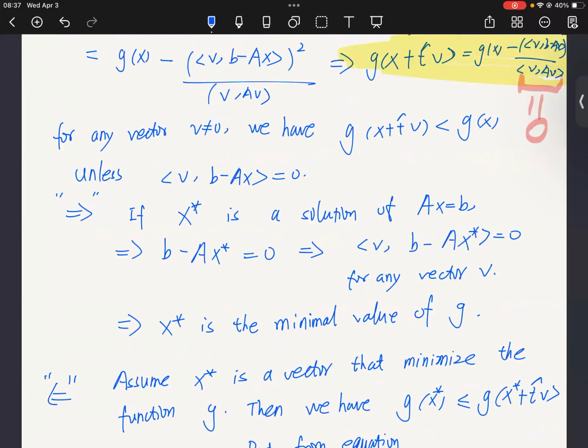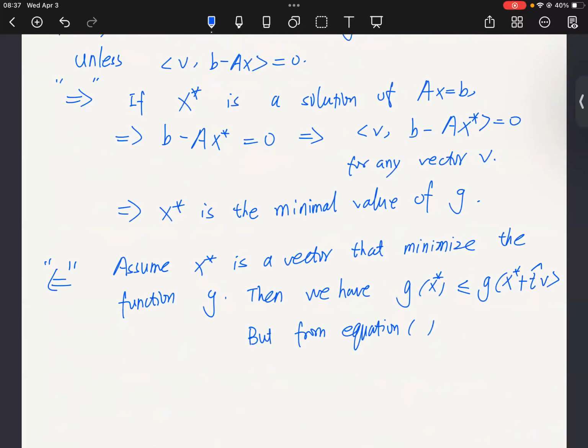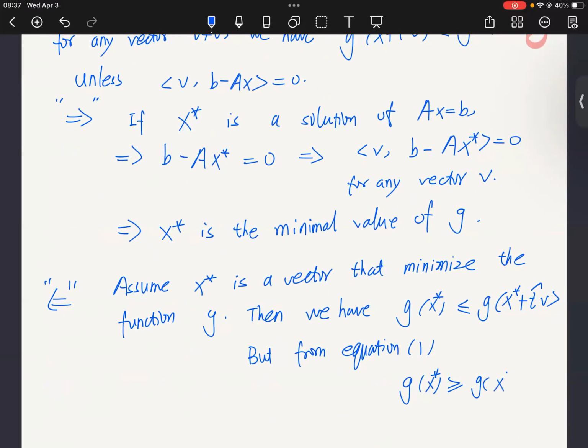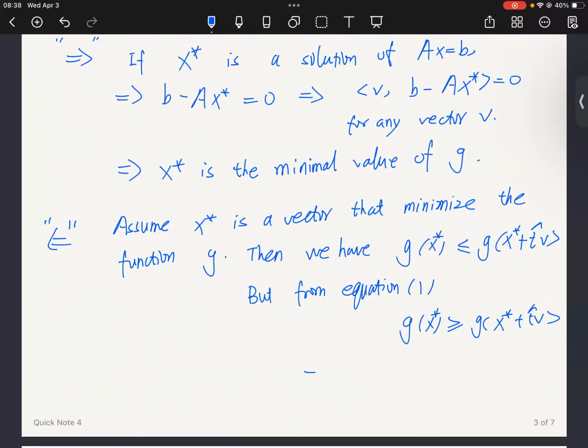So from the equations, let's say this is equation 1, we have GX star is always equal to or bigger than GX star plus t hat v. And you would see this because this number is smaller than or equal to this one, and this number is bigger than or equal to this one. And this gives us that GX star is actually equal to GX star plus t hat v, right?